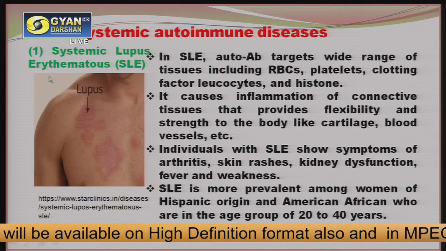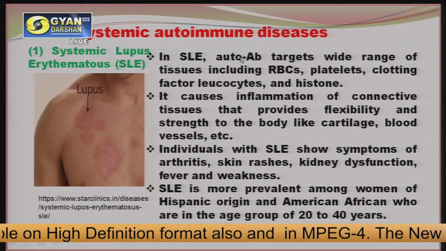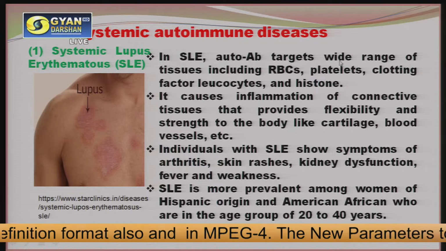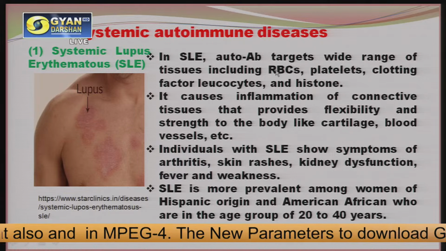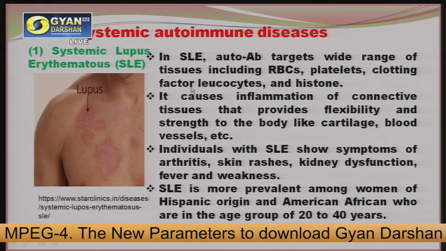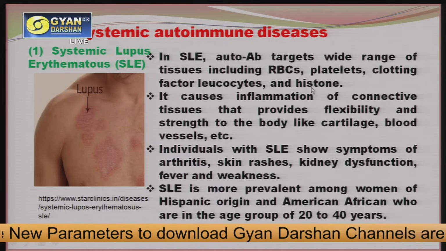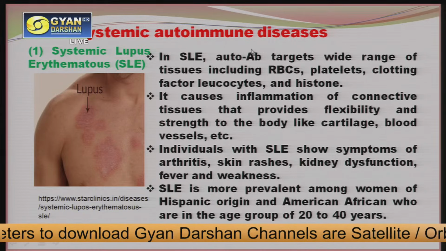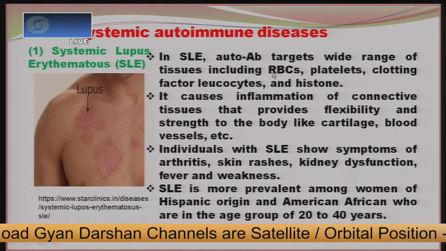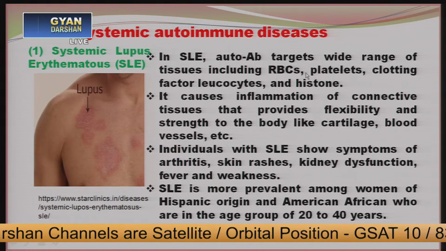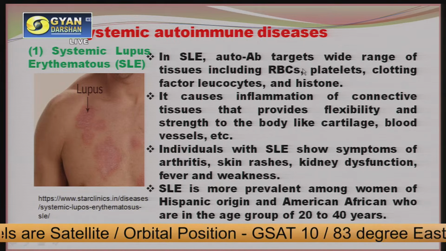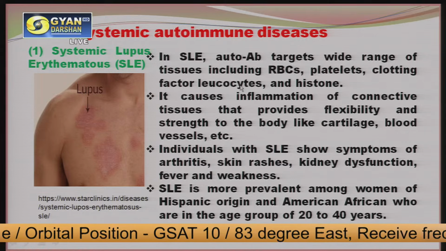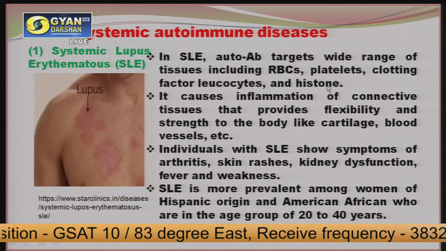In systemic lupus erythematosus, autoantibodies target a wide range of tissues including RBCs, platelets, clotting factors, leukocytes and histones. So here the autoantibodies are able to target the various tissues including RBCs, platelets, clotting factors, leukocytes and histones.